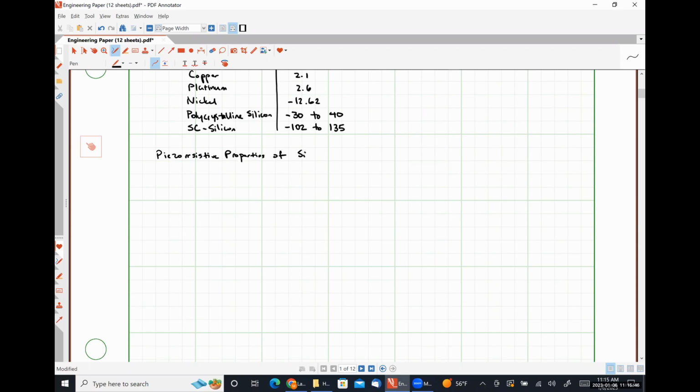So for crystalline silicon, if the X, Y, and Z axes are aligned with the 100 family of planes, the relationship between resistivity and stress is expressed as follows.